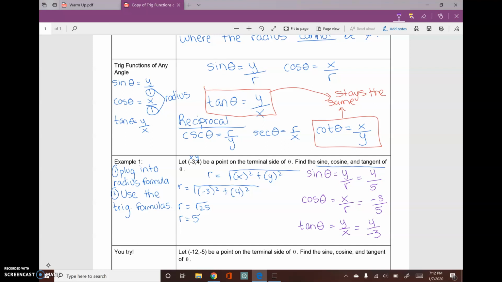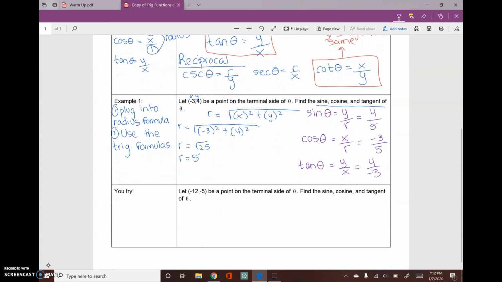So take some time now to try to figure out the example on your own. I will write the final answer, but I'll give you a minute to try to figure it out before I expose the work to it. Your packet consists of review and some of these problems.